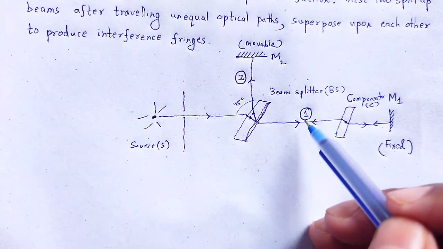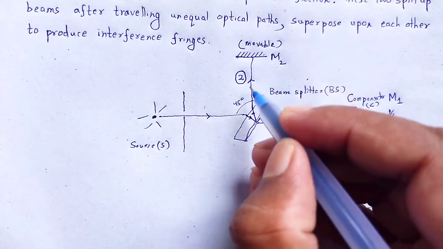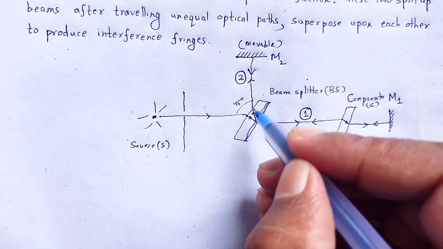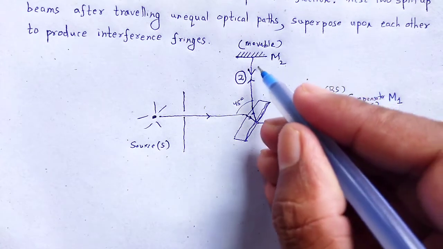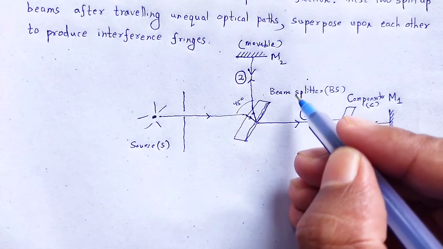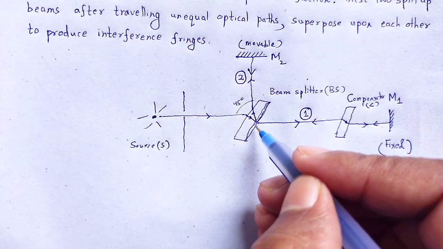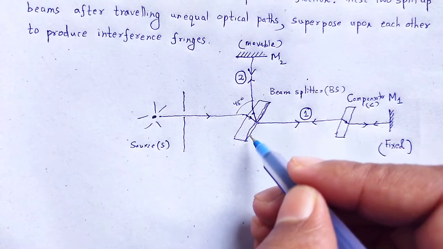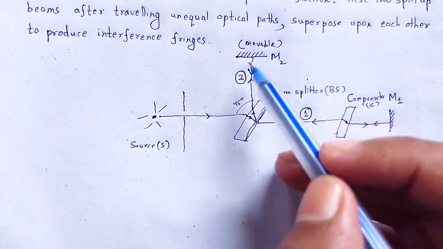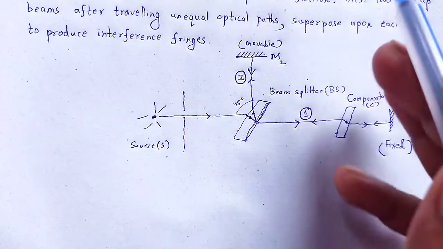The reflected beam 2 reaches the mirror M2 and is incident normally on it. From mirror M2, the light is reflected back towards the beam splitter and gets transmitted through the beam splitter. Mirror M2 can also be moved with the help of a micrometer screw, which is similarly fitted with a graduated drum.